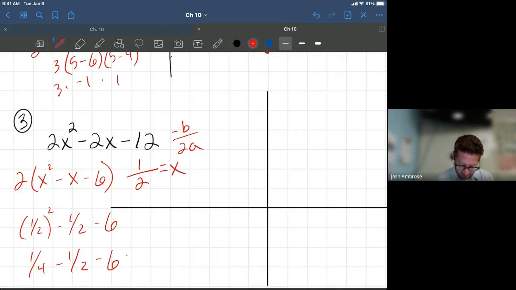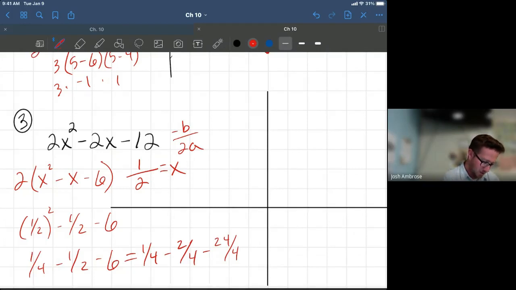So what is this going to equal? 1/4 minus 2/4 minus, and let's see, that's going to be 24/4. Now all of these have the common denominator of 4, and we're going to go 1 minus 2 minus 24.